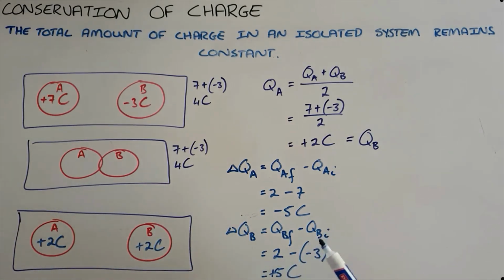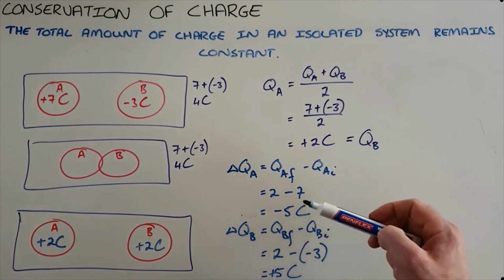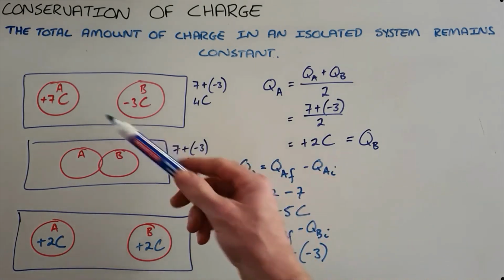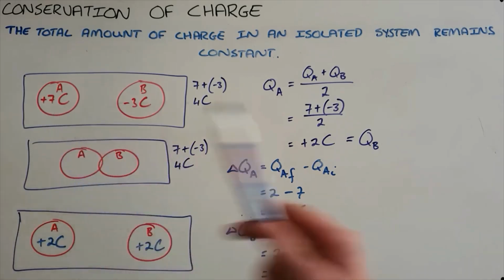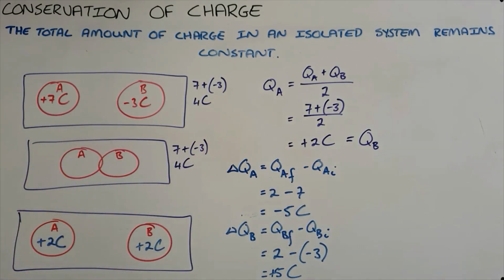What's important to see here is that the change in charge is equal but opposite, because 5 coulombs of charge were transferred from one object to the other, and we know that protons are unable to move.